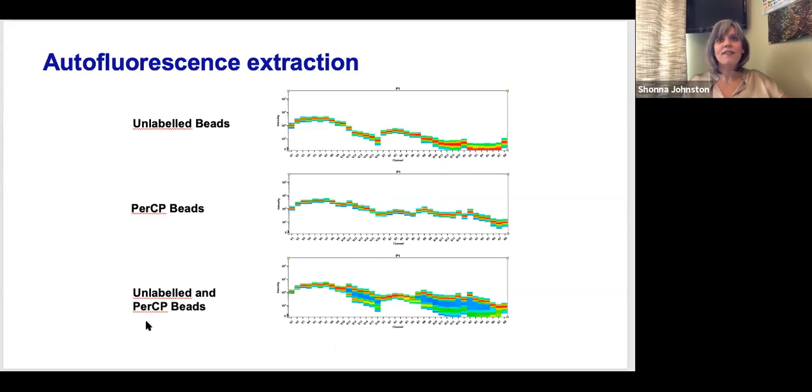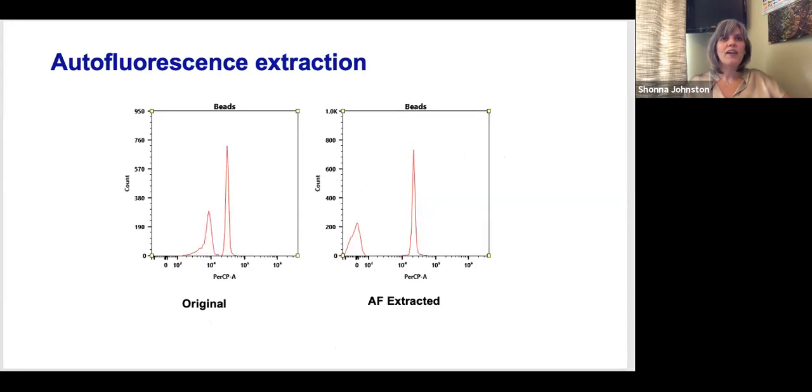If we run the unlabeled and PerCP beads together, you can see there's not a massive difference going on between them. So if you just run them normally, that's what it looks like. Whereas if you actually do autofluorescence extraction, you can massively improve your signal to noise. That's given us an improved stain index just by taking out the autofluorescence.